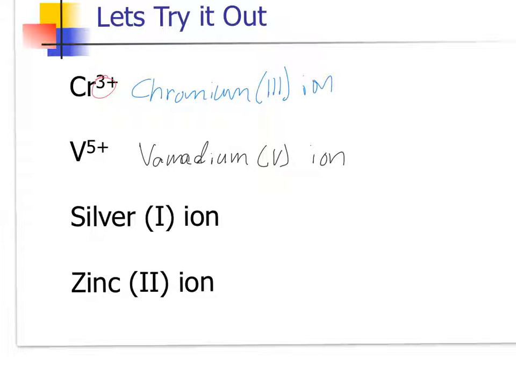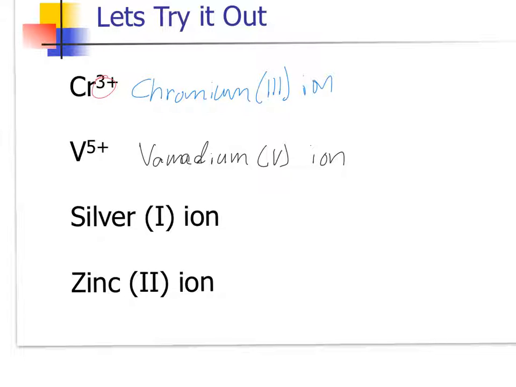Now the next two are ones that really bother me. And this mainly because a lot of people fail to write the Roman numerals when we write them out. And I have a problem with this because a lot of students aren't going to know, for the most part, that silver always has, for the most part, a +1 charge.